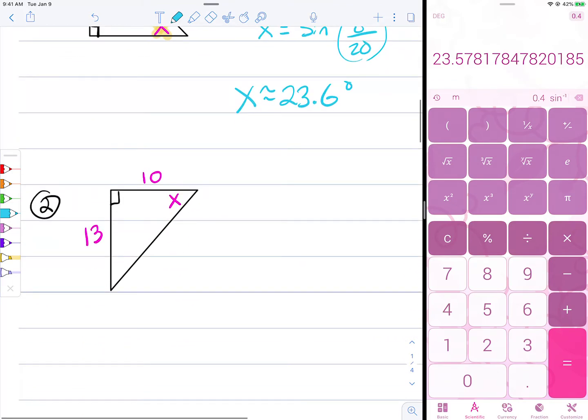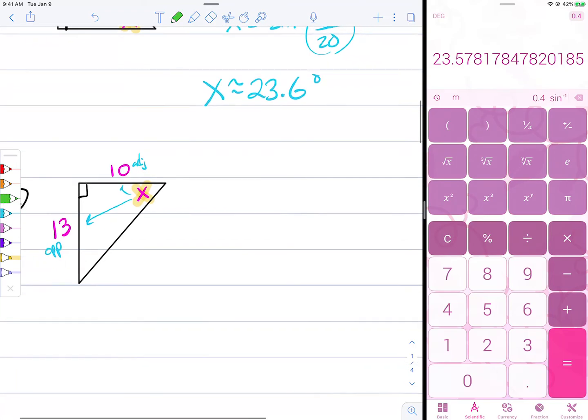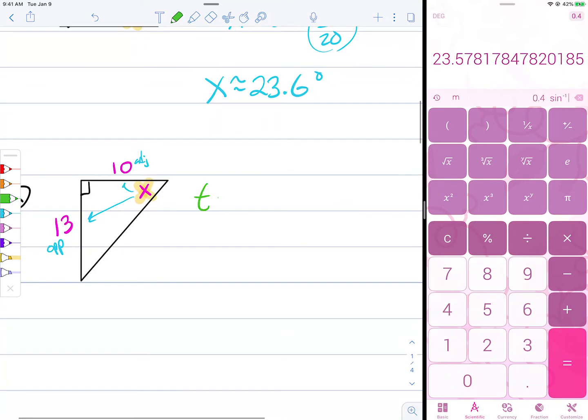So let's try this one. Here's our missing angle. This is the opposite, and this one is our adjacent. We're not using our hypotenuse, which means the trig function we're using is tangent. So the tangent of our unknown angle is the opposite over the adjacent. So if I want to find x, I'm going to use the inverse tangent of 13 over 10.